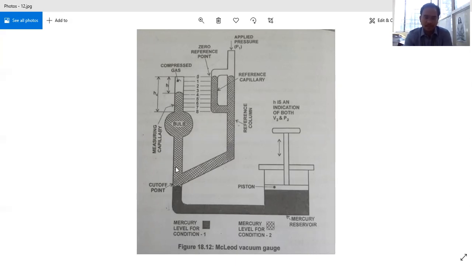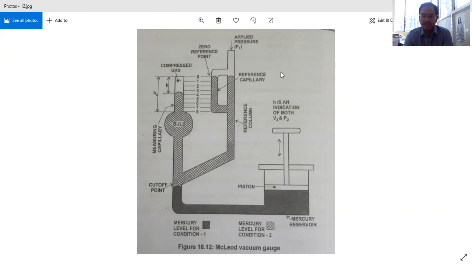Now, the principle involved in this McLeod vacuum gauge is Boyle's law. Boyle's law states that pressure is inversely proportional to the volume at a constant temperature. P1 V1 equals P2 V2.